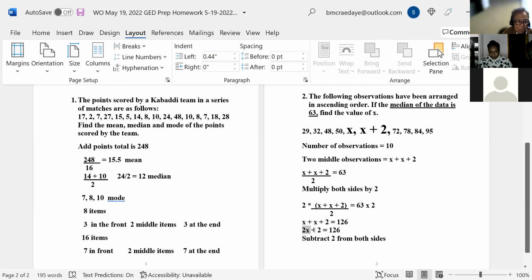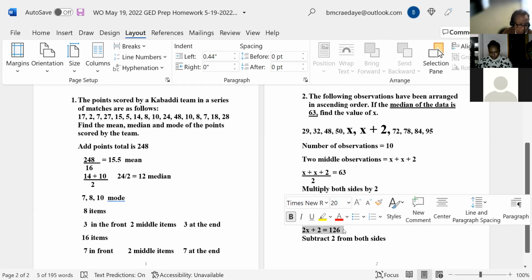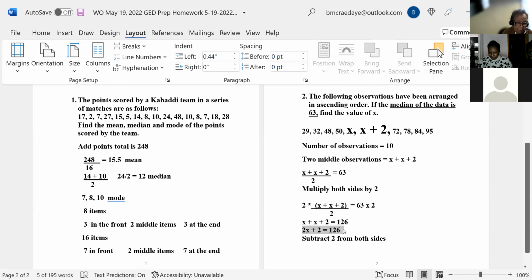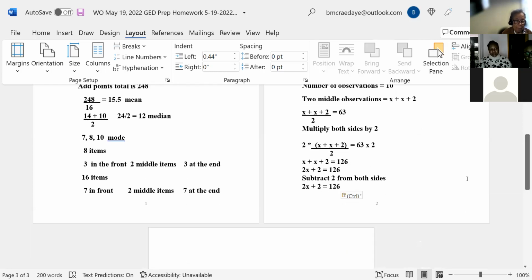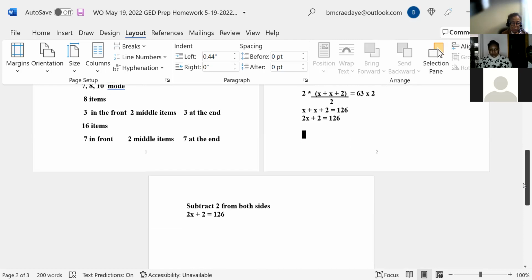So we take this 2x plus 2 equals 126. Subtract that 2 from it. Okay, Michelle, let's get here. You see where we are? 2x plus 2 is 126, right?